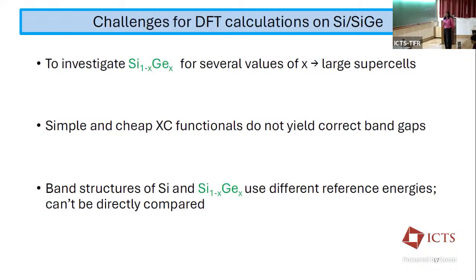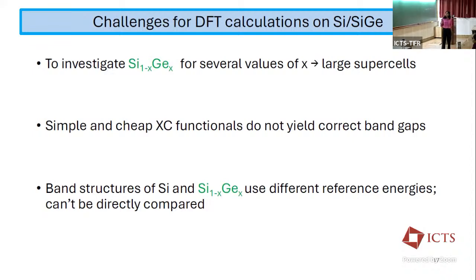Now, the challenges for the computational study of silicon on silicon germanium are these. To investigate this alloy for many different values of x, you need very large supercells, which makes the calculations very, very expensive.